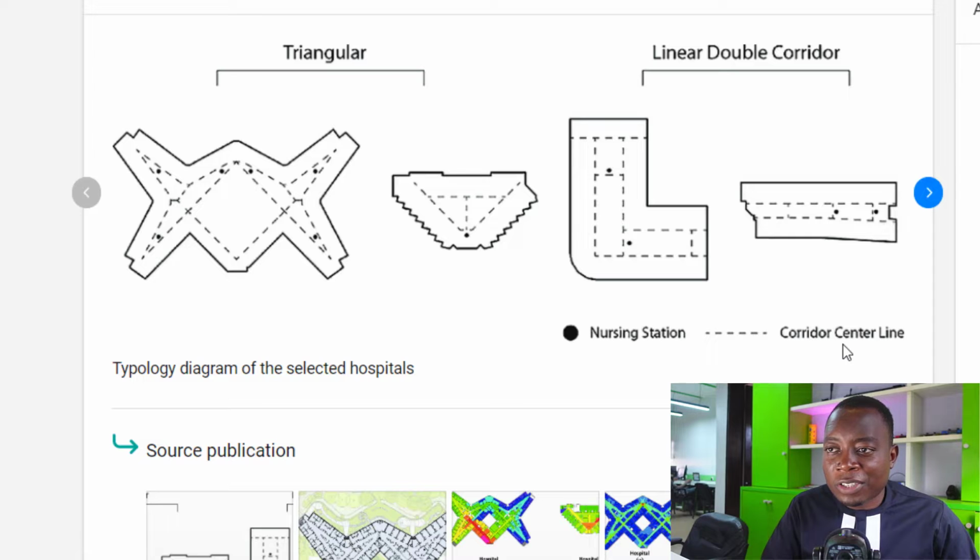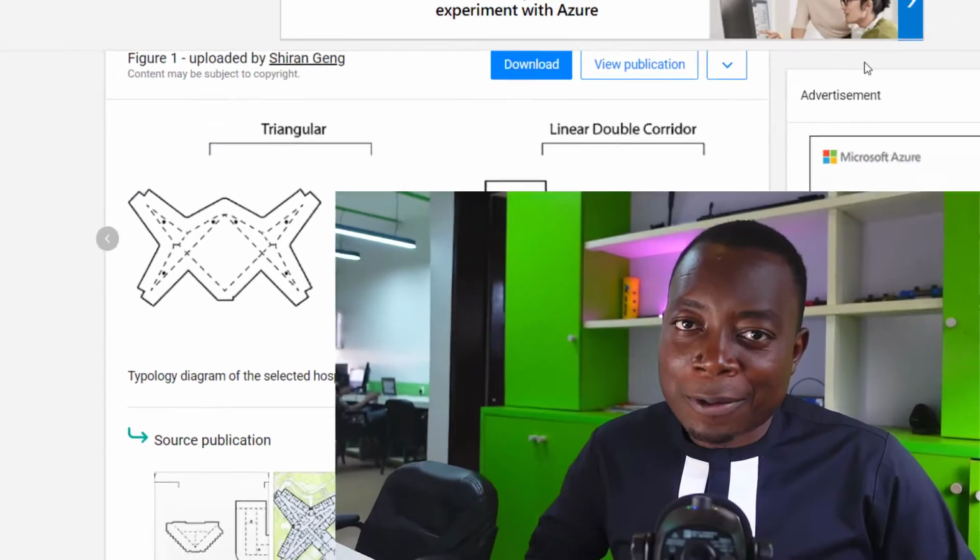If you solve the positioning of, let's say, nursing stations and your circulation routes like your corridor lines, you've literally designed hospitals. So when you study building typologies, it enables you to understand the arrangement of the different forms of that building. Doesn't mean that you must follow it, but it's important to get a hang of it to now modify it to use in your design.